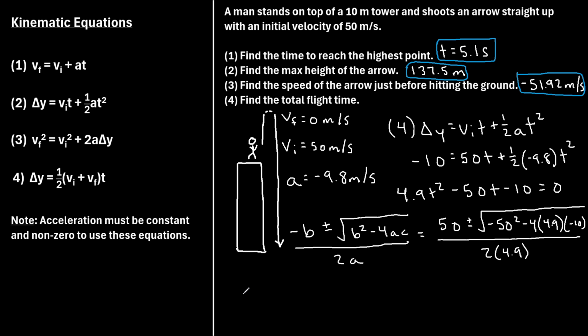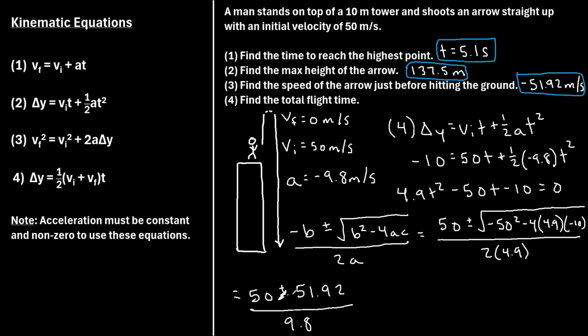If we simplify a little bit, here's what we get. We get 50 plus or minus, inside the square root, that turns out to be 51.92. And in the denominator, we have 2 times 4.9, which is 9.8. Now remember, we're solving for time here. If we do 50 minus 51.92, we're going to end up with a negative answer.